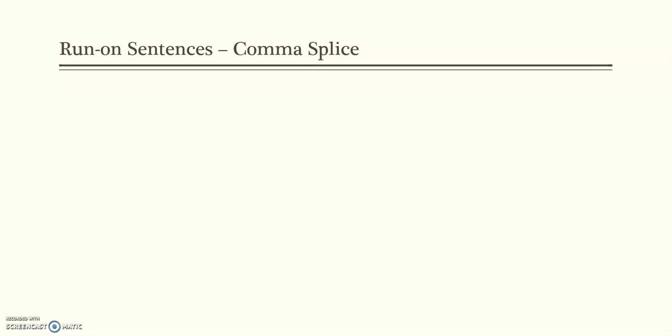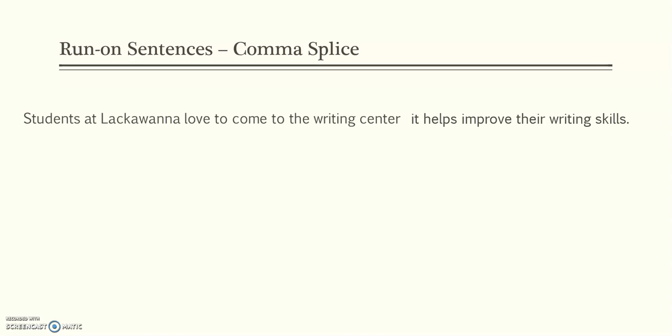The second type of run-on sentence is a comma splice. Here we have our same first independent clause and our second independent clause, and it's tempting a lot of times to add a comma. A comma gives us breath and it gives us pause. So a lot of times many students will see that they need to pause there.